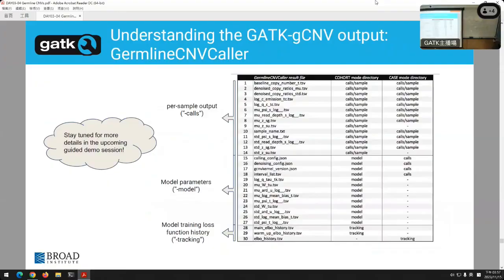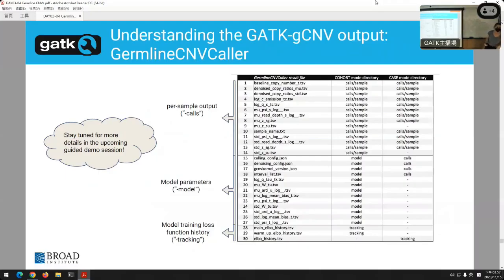Okay, so you run GCNV. What do you get out of it? We will actually do a demo of this tomorrow, but I'll just tell you on a high level what you can expect. So out of Germline CNV Caller, which is where we have trained the model, you get some sort of per sample output: what is the copy number at various intervals in that sample?